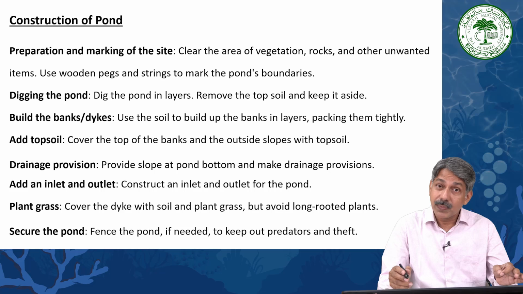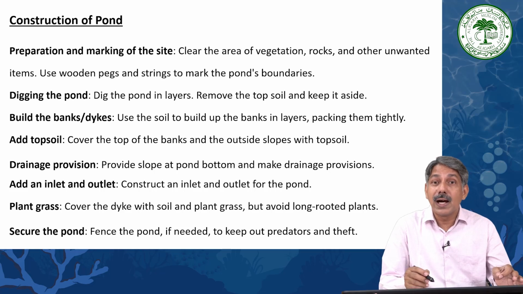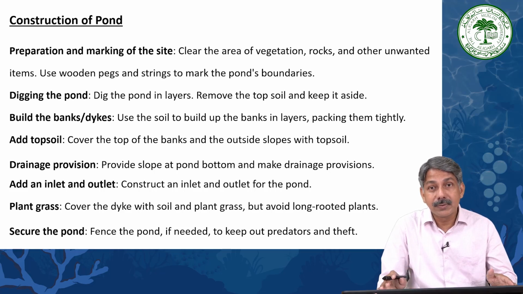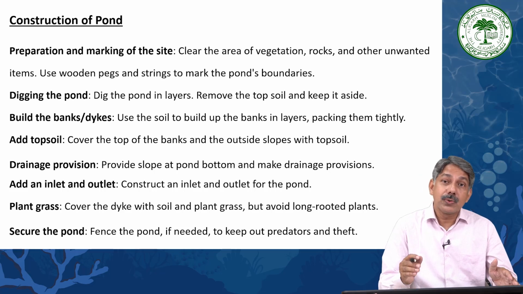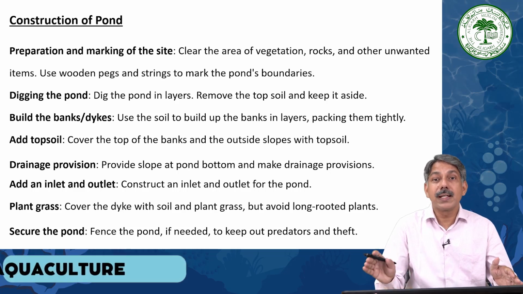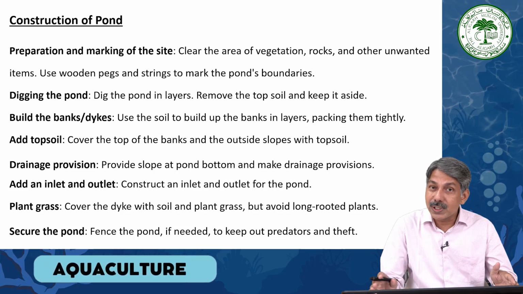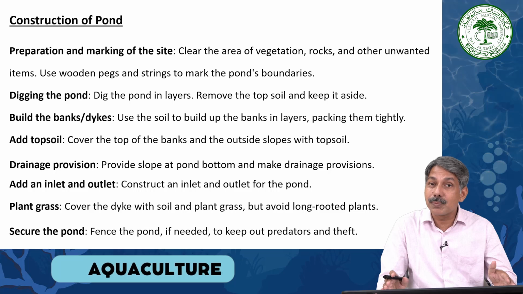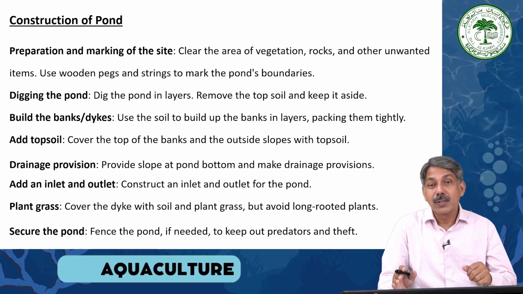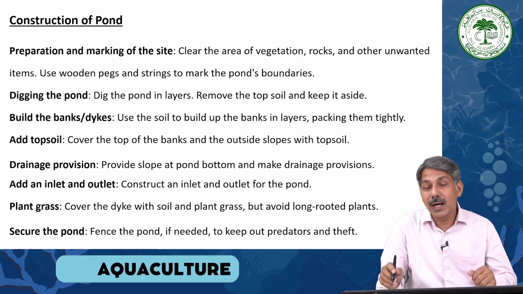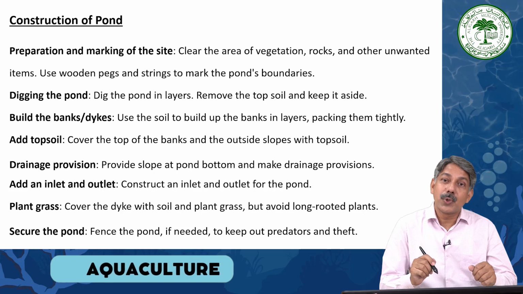Marking in the sense that you will have to mark the outer points of the dike, where the outer slope of the dike will be. Then you need to mark the inner side of the dike inside the pond, where the slope on the inner side of the pond is steeper than the outer side. So you will have to identify and mark that point also.